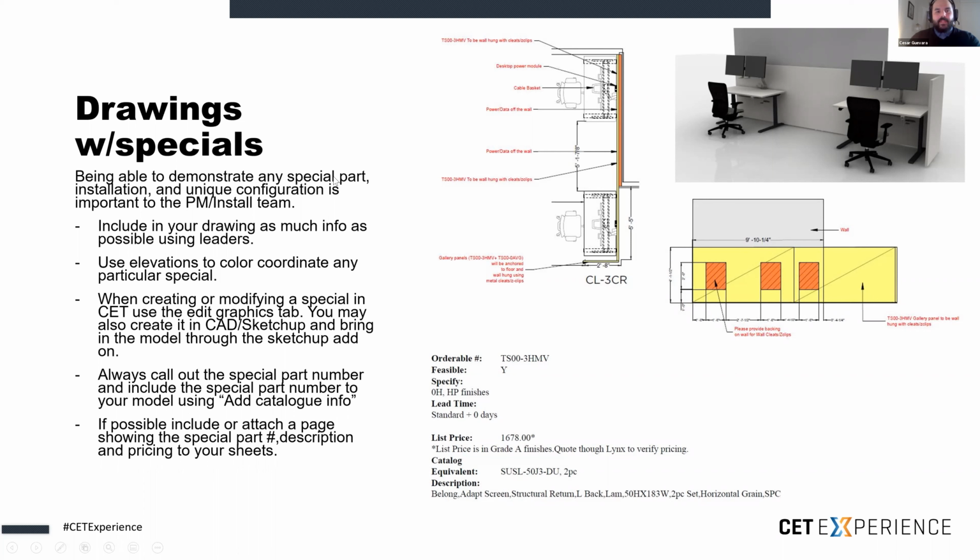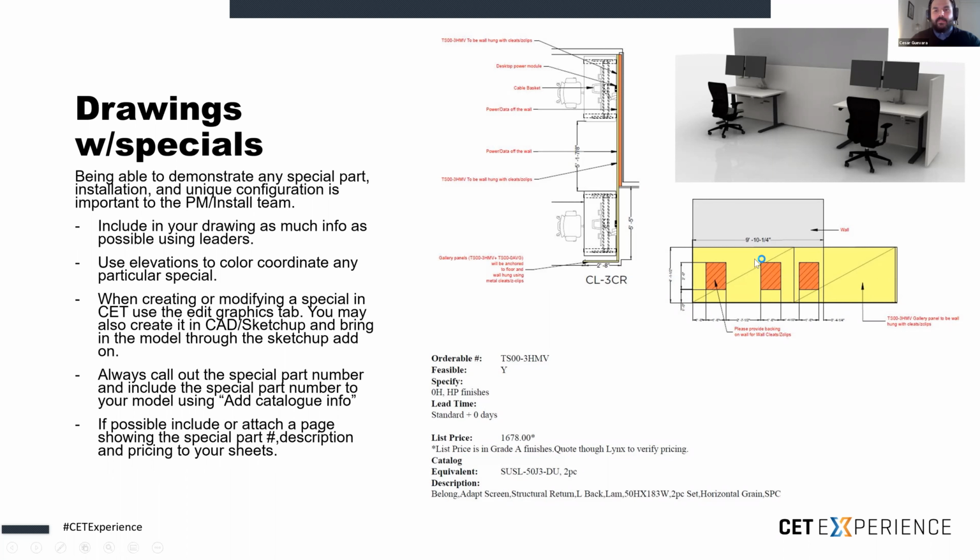But anyways, drawings and specials and installation. Like I said before, I love using color, love the representation of where different things go and where they belong, and anything that will catch the installation team's eye. I'm all for it.